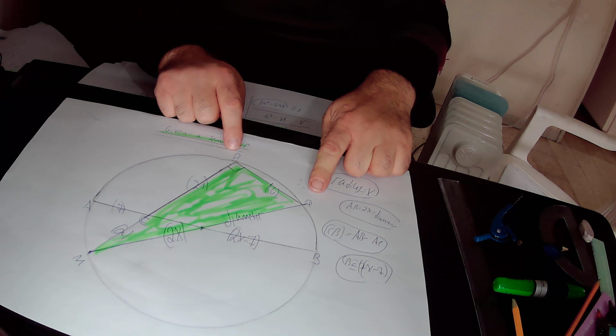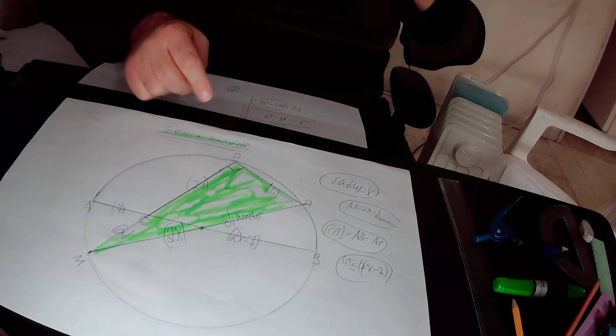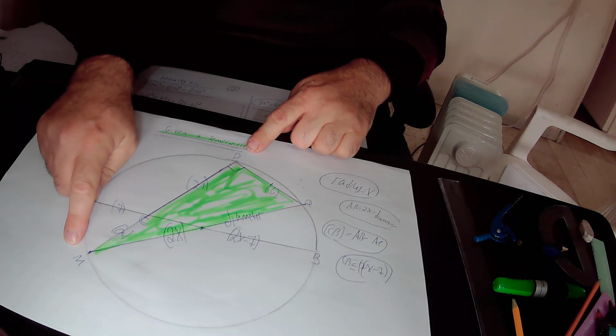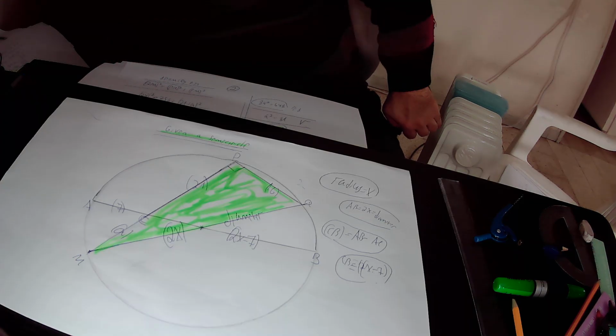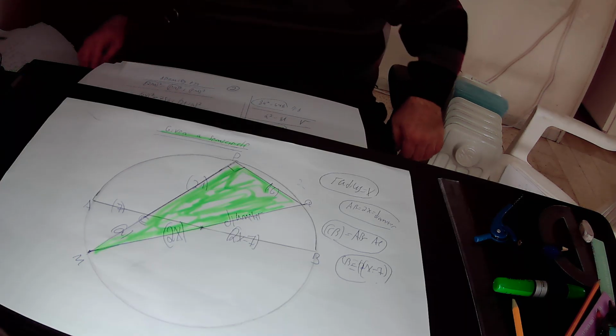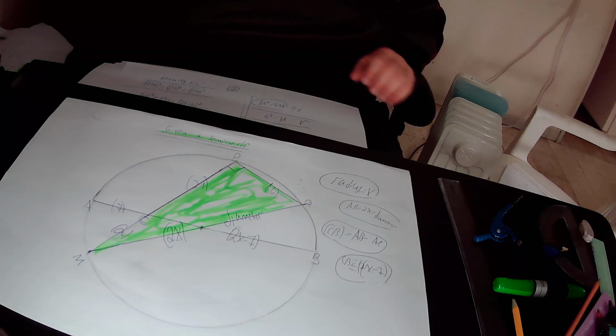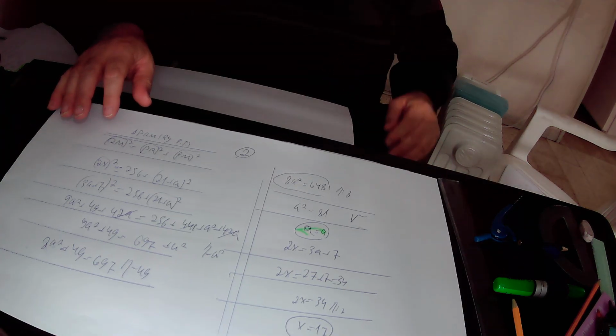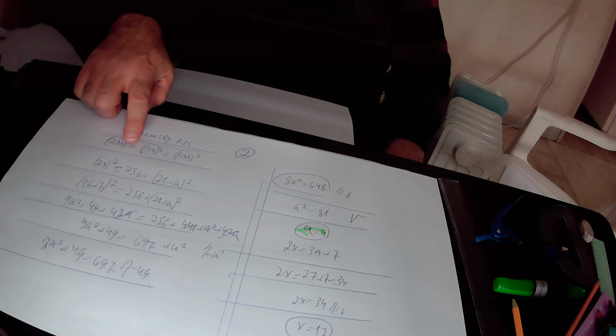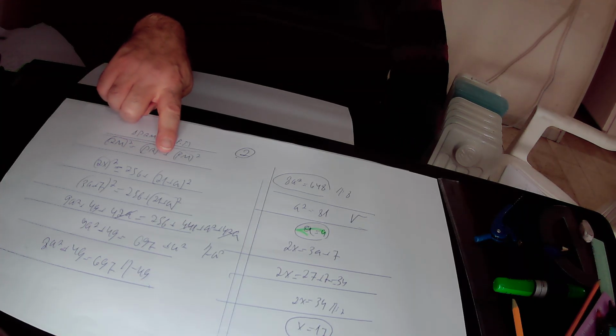PQ is 16, therefore PQ squared is 16 squared, that is 256, plus PM squared. PM is 21 plus 8, therefore PM squared is 21 plus 8 squared. So in total, we should find that 2x squared equals 256 plus 21 plus 8 squared.